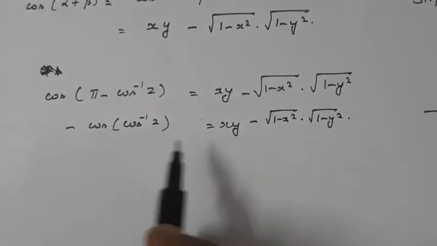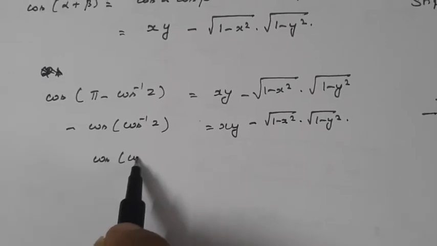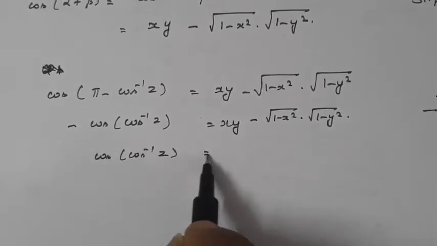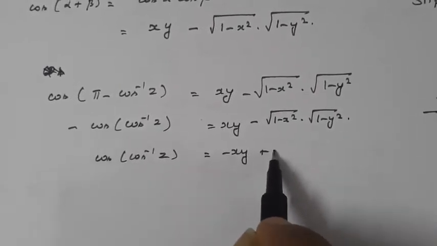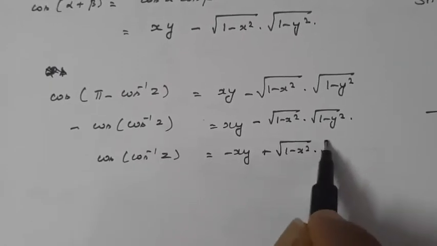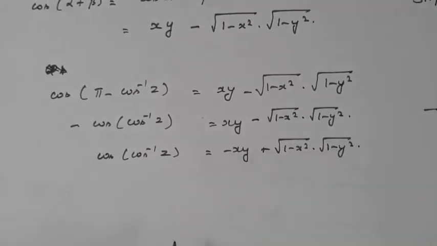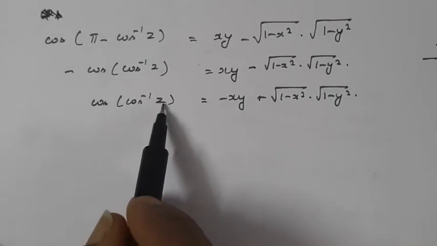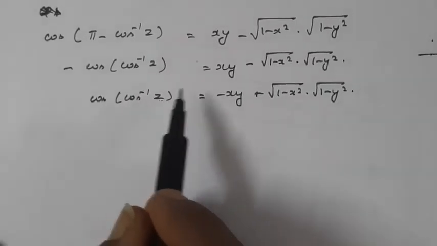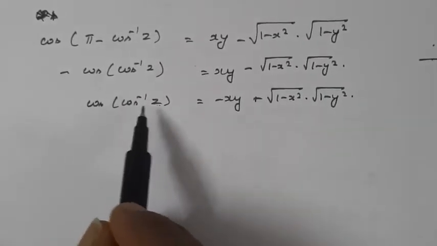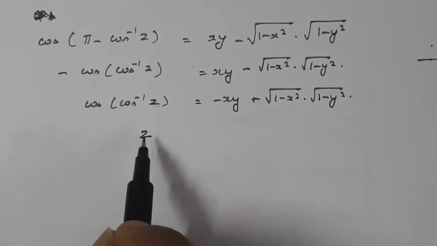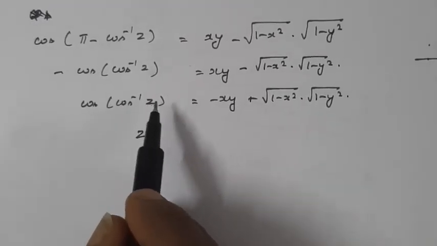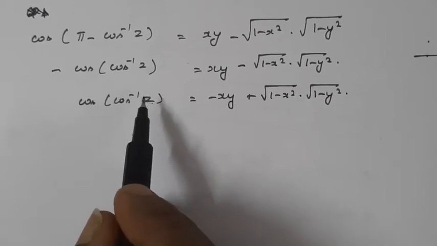Now, moving this minus to the opposite side, we have cos of cos inverse of z is equal to minus xy plus root of 1 minus x squared into root of 1 minus y squared. Now cos of cos inverse of z: here z lies between 0 and 1, and therefore cos of cos inverse of z is equal to z, because cos of cos inverse of x is equal to x only if x lies between minus 1 and 1.